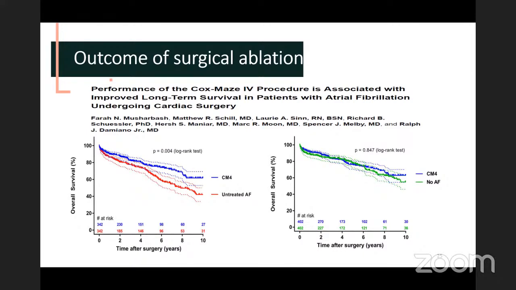And if you compare the Cox-Maze procedure with the normal population without AFib, it shows no significant difference. So restoring sinus rhythm in those patients by surgical ablation put them in the same group as the normal population without AFib, which is a very important result.